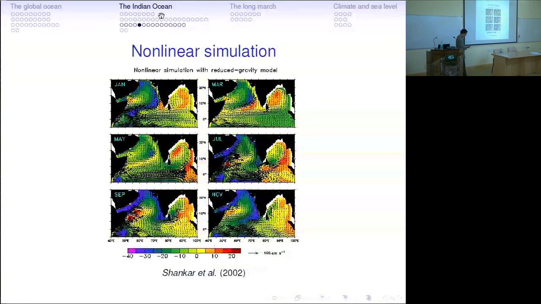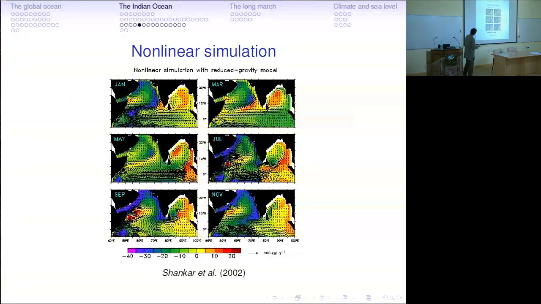This is a simulation with a nonlinear version. The equation terms are not dropped in this reduced gravity model. The color is sea level and the vectors are currents. I'll show you an animation later. Basically, you see these features. You have a high sea level here in January, it moves offshore.